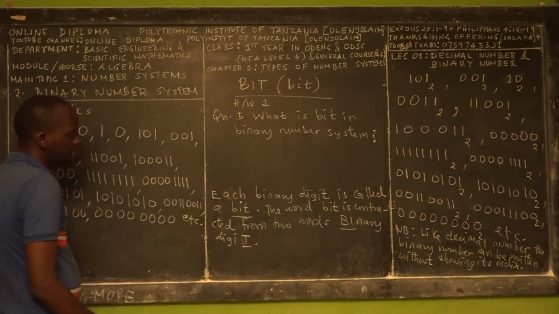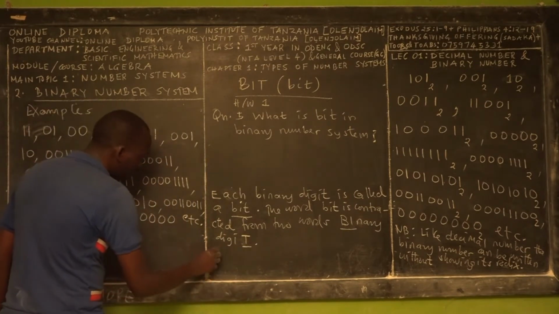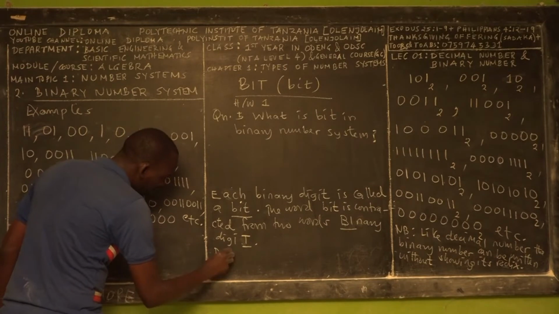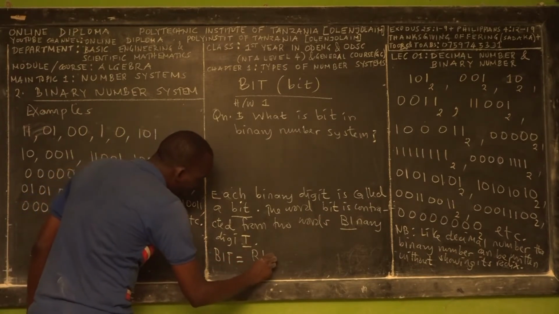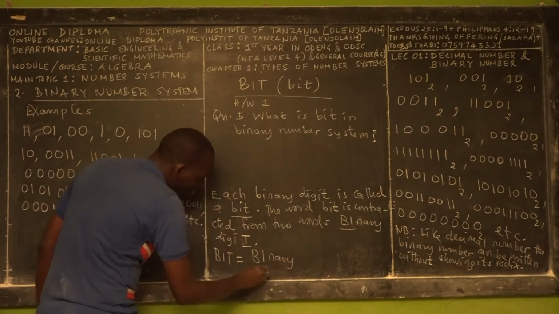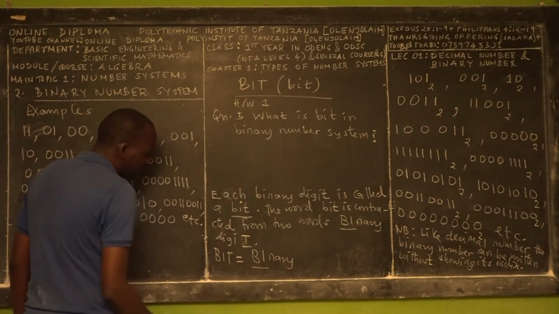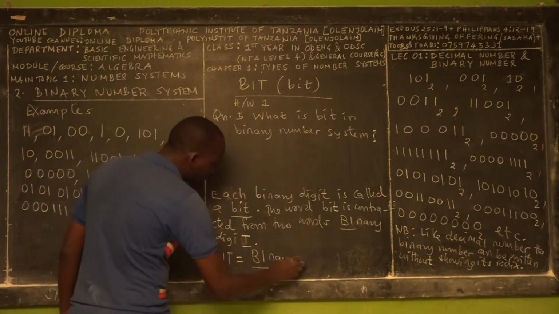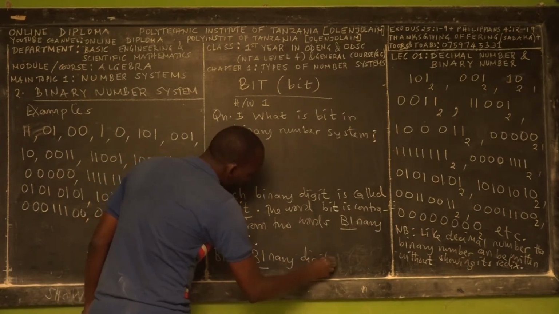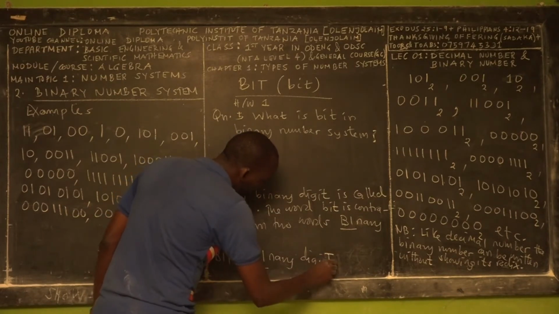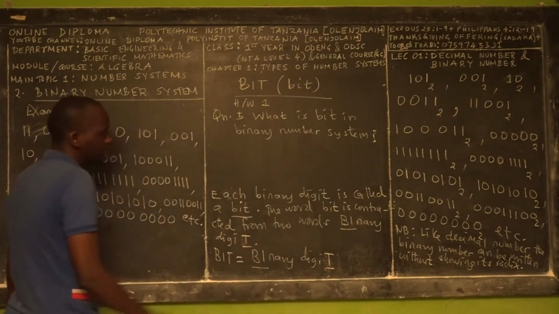So simply it means that the word bit is contracted from the word binary, B stands for binary, and then digit, the last letter of the word digit, T, forming bit.